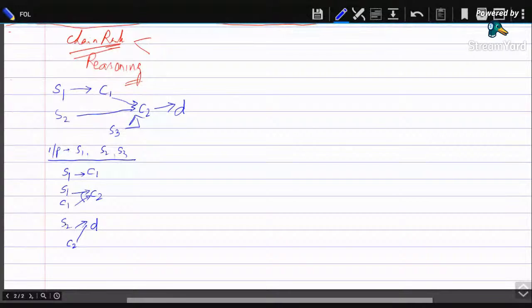And then we said that symptom 3 and conclusion 2 together will get you to identify the disease. So, this way I can represent graphically, but in reality, I am trying to say S1 implies C1, S1 and C1 implies C2, S2 and C2 implies D.